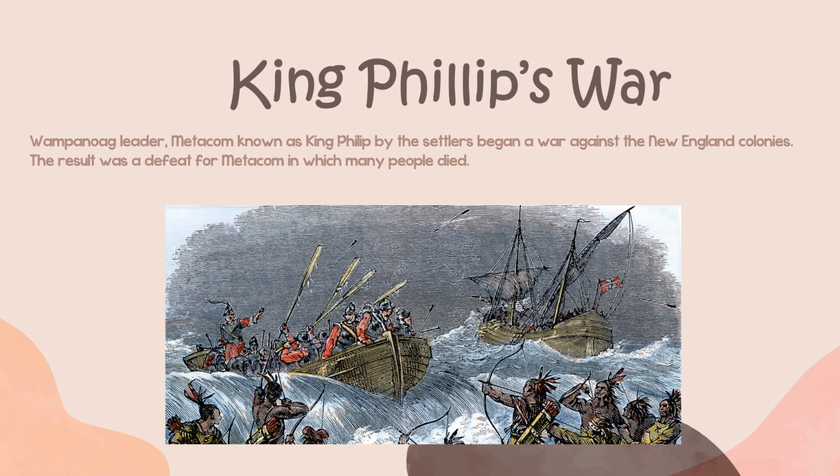So that's the reason why they agreed to support the English. But sadly, this didn't happen. The English settlers did win the war, but American Indians who fought on their side did not get their land back.